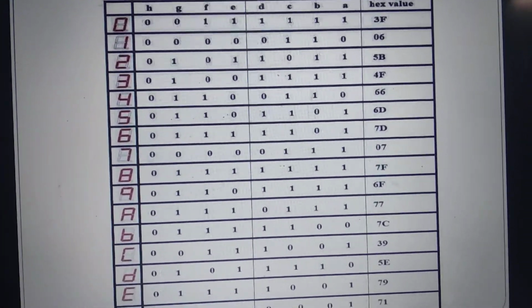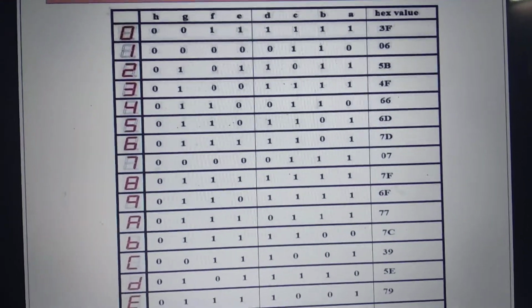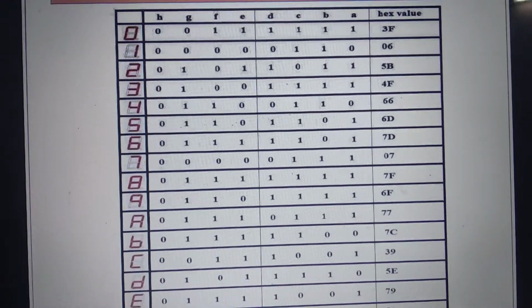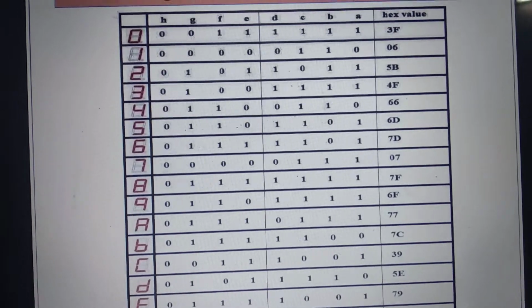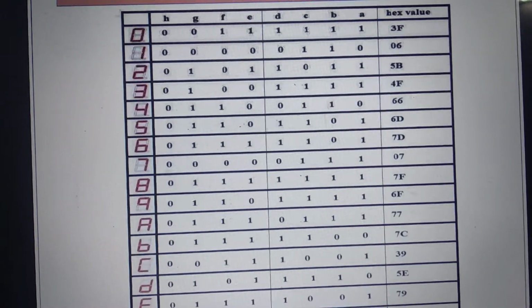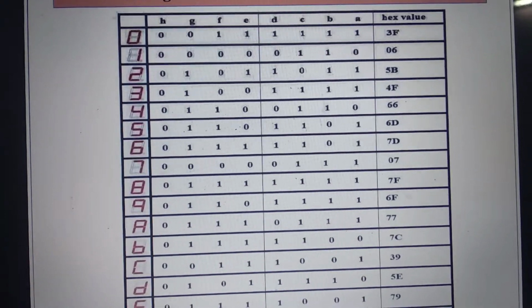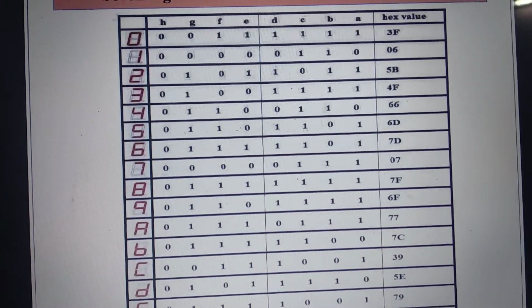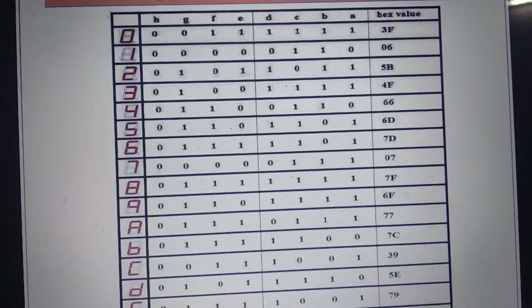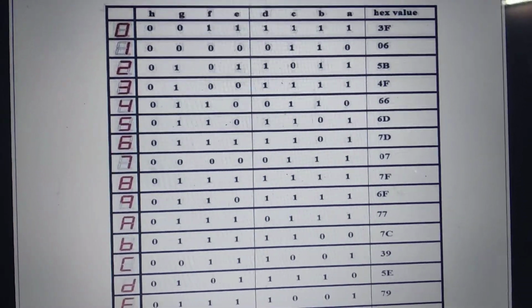That means what data should be given to the 7-segment display is given in this table. For glowing 1, the B and C segments should be kept at plus 5 volts. So these 2 bits are 1 for B and C, and the rest of the bits are 0. So the equivalent hex code is 06.